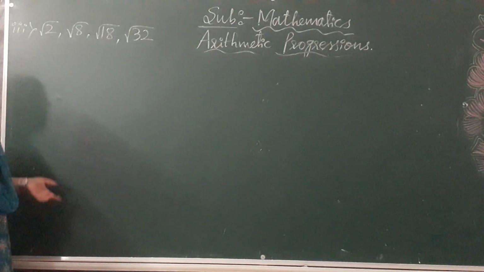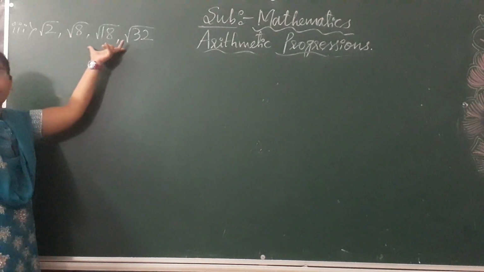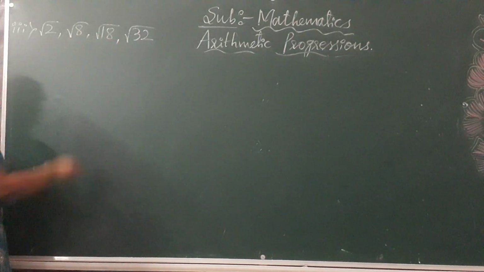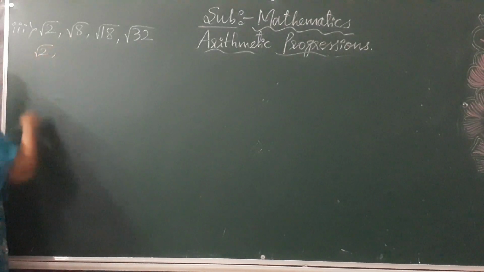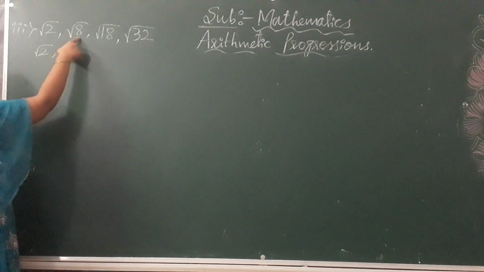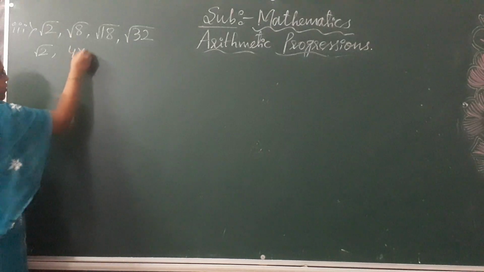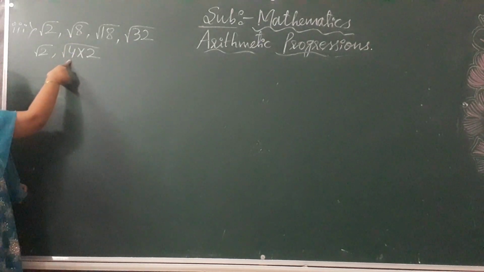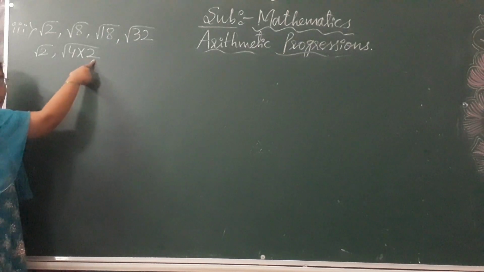Let us solve one more problem. But here root numbers are given. First we have to simplify these root numbers. Keep root 2 as it is. And 8 we can write as 4 into 2, that is 4 2s are 8. One is a square number and one is a non-square number.